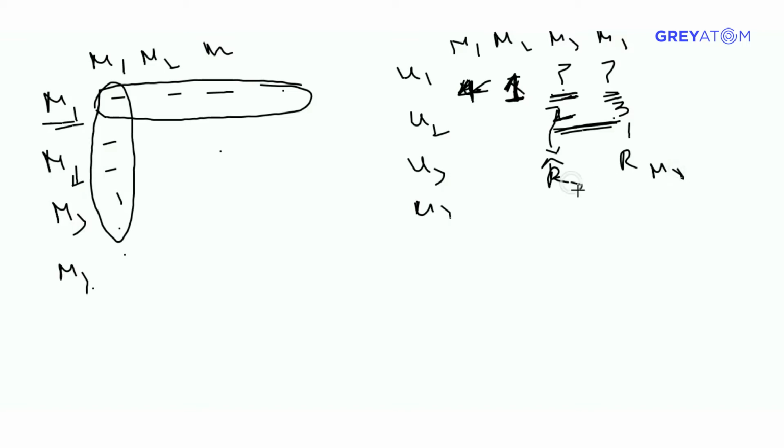So this is R cap user 1 comma 3, and R cap user 1 comma 4. So this is basically the different users and their corresponding predicted ratings. I comma J is the predicted rating, right?